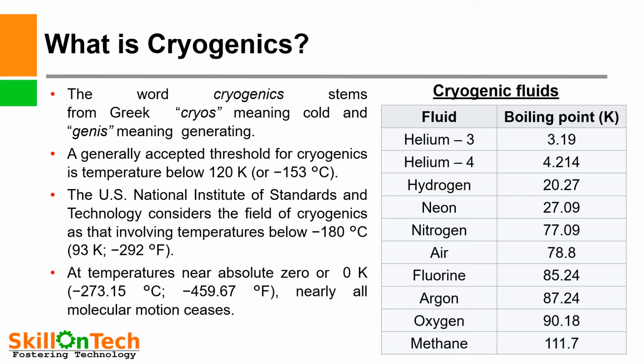Absolute zero, or 0 Kelvin, is minus 273.15 degrees centigrade or minus 459.67 degrees Fahrenheit. At temperatures near absolute zero, nearly all molecular motion ceases. Where all molecular motion stops, that temperature is called absolute zero temperature, and that is 0 Kelvin.